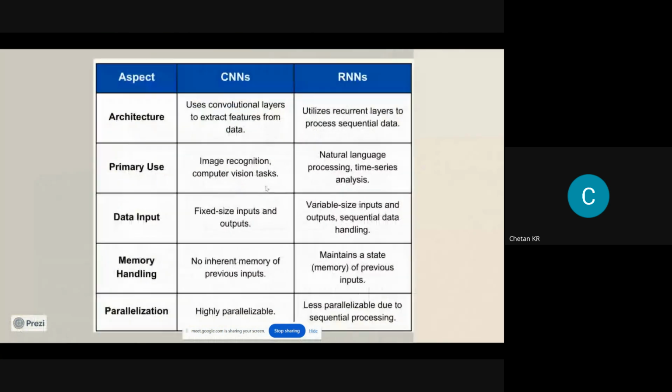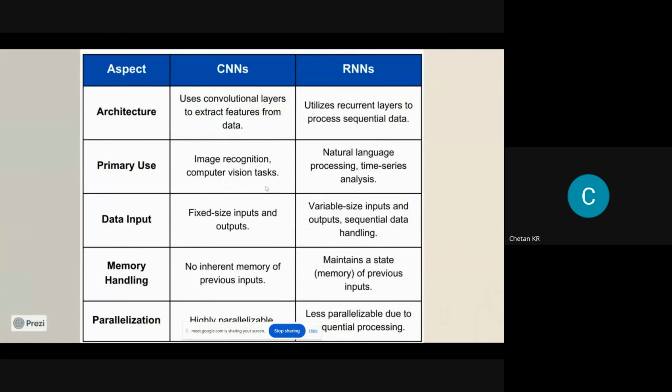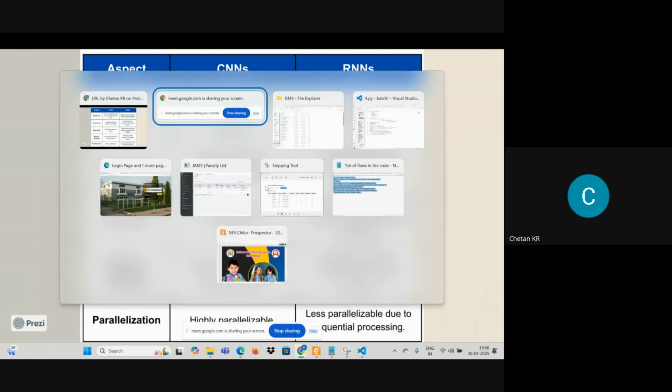Next, maybe another very standard question: differentiate CNN and RNN. Architecture-wise, CNN uses convolution layers to extract the features from the data, whereas RNN uses recurrent layers, and it has to process sequential data.